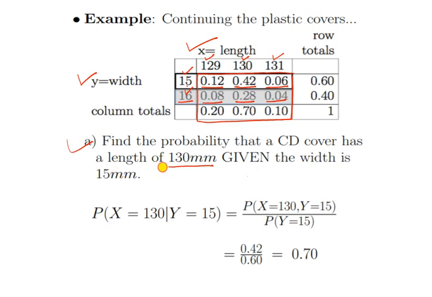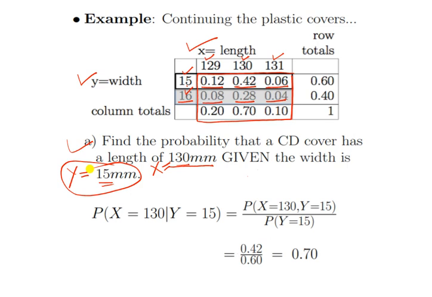This value is random variable x, and this value is random variable y. So here we want to compute the probability when the length is 130 given that width is 15 millimeter.